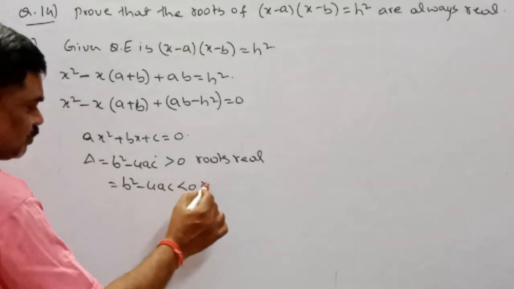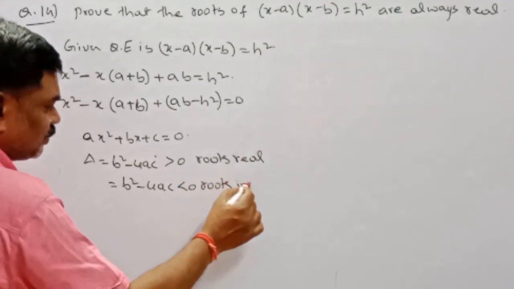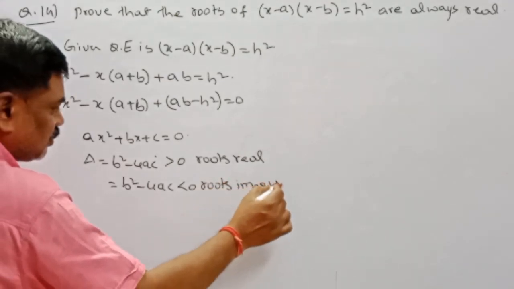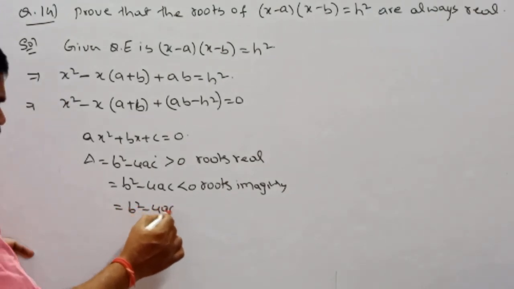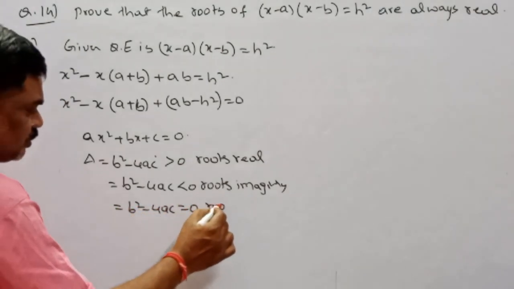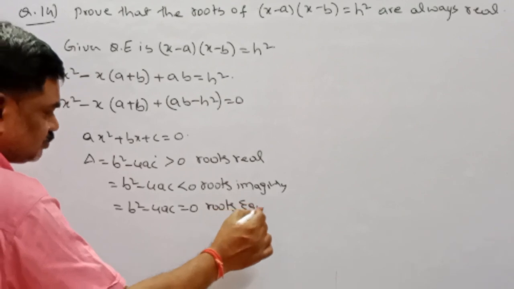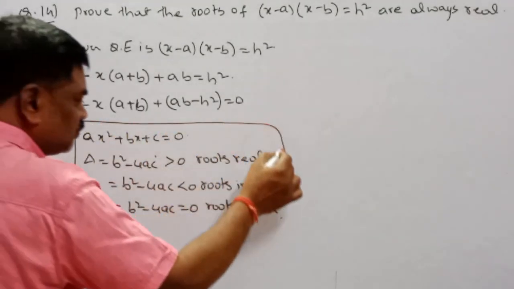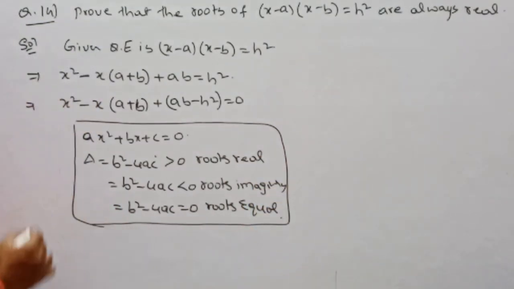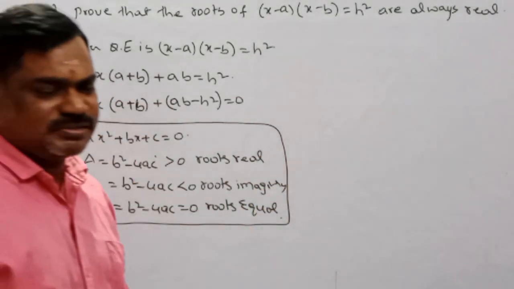Less than 0 means the roots are imaginary. Equal to 0 means the roots are equal. From this condition, you can verify.